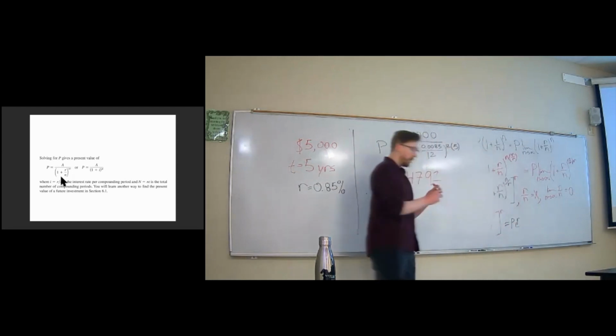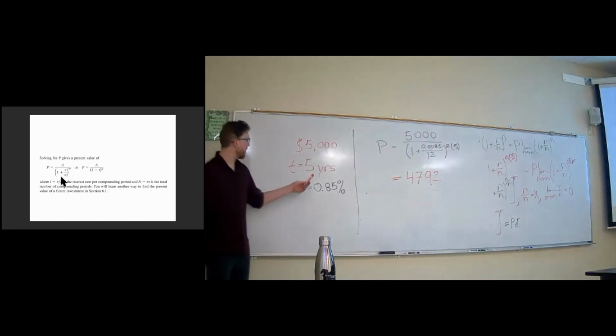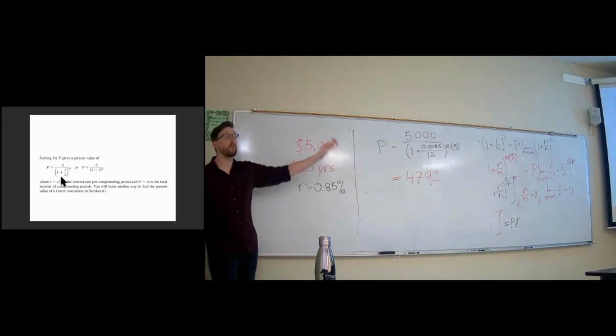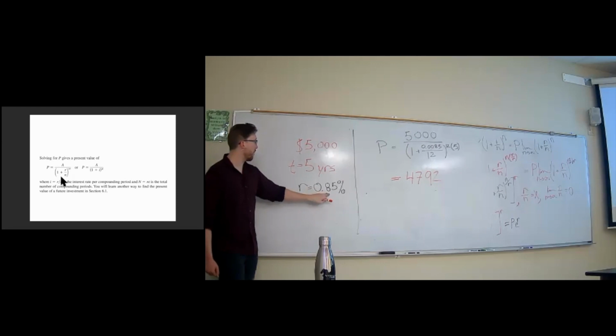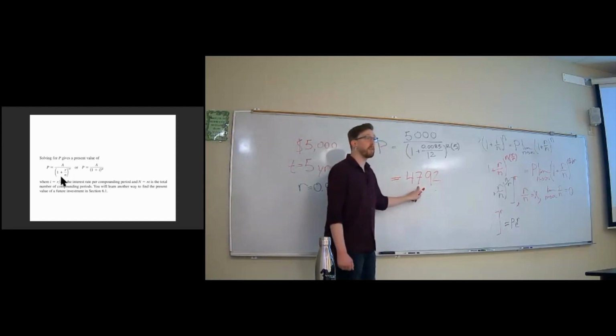All right, so you've got the CD, it matures in 5 years. You want it to have 5K at the end of those 5 years, and it incurs interest every month at a rate of 0.85%. That means today, the amount of money you have to deposit is $4,792.